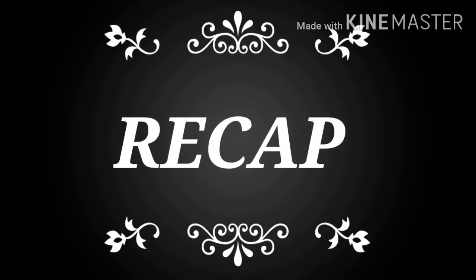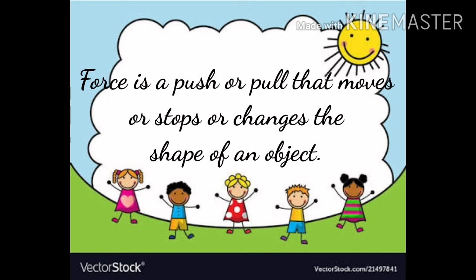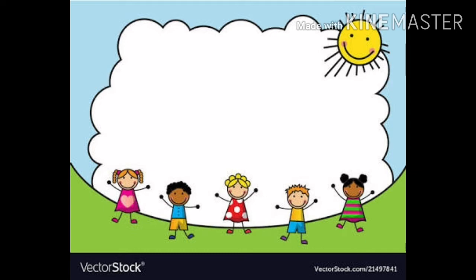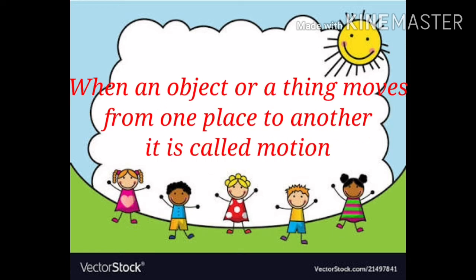Now I am going to recall the lesson. Unit 3, Force. Force is a push or pull that moves or stops or changes the shape of an object. Motion. When an object or a thing moves from one place to another, it is called motion.